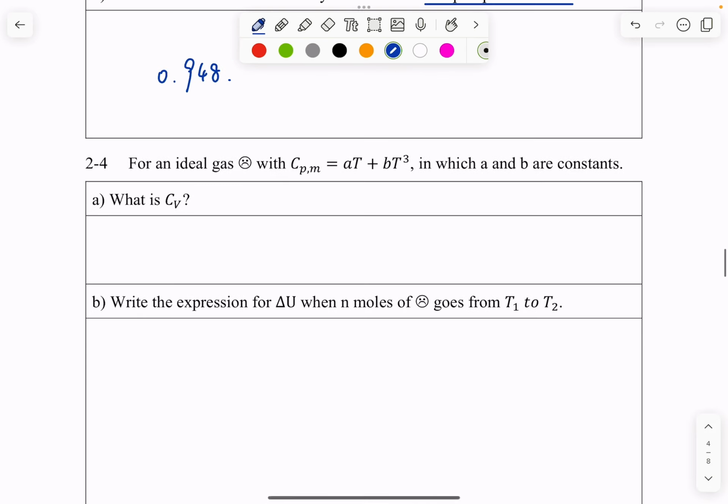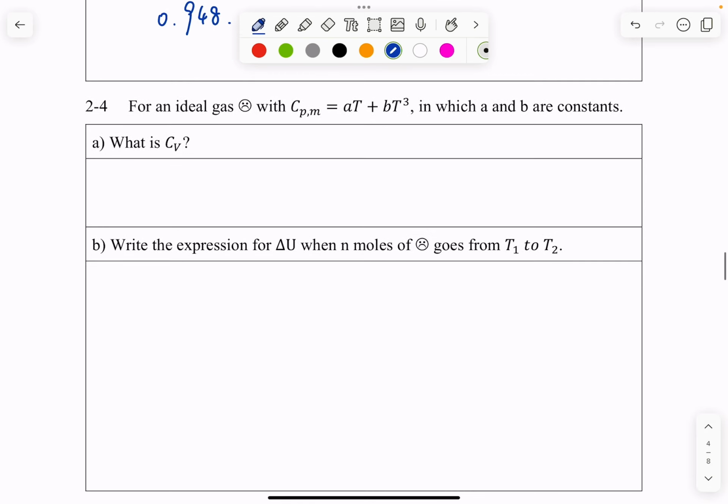All right, next one. For an ideal gas with Cpm, the molar isobaric heat capacity, equal to AT plus BT squared, where A and B are constants, the question is, what is Cv? So what do we know?